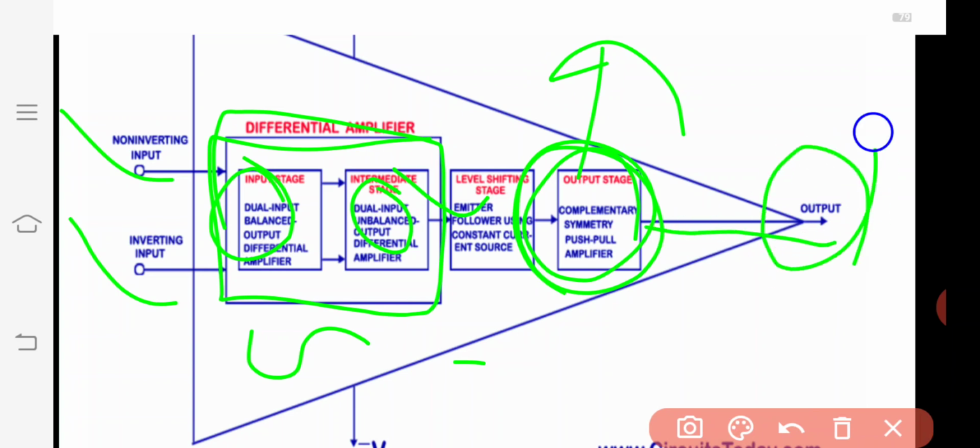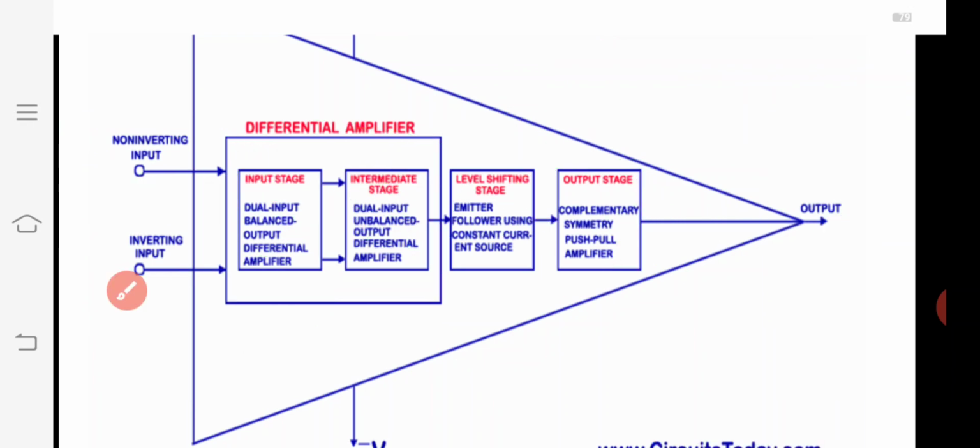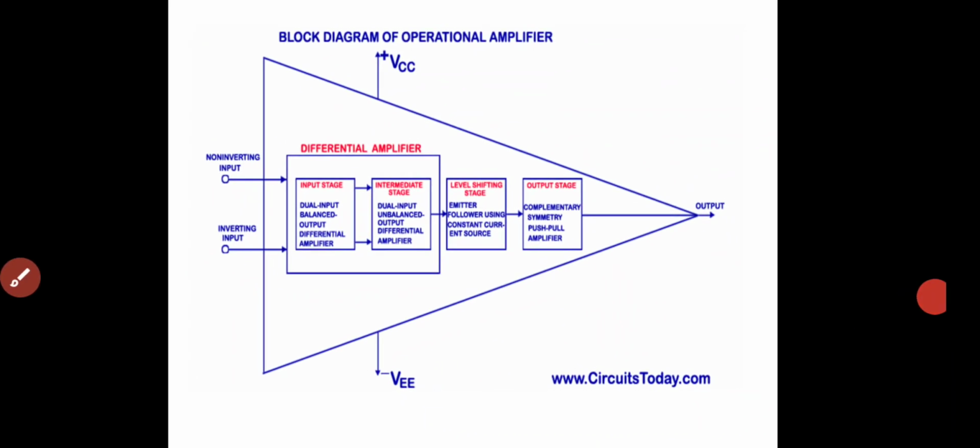The signals pass through the four stages and are collected at the output. This is the block diagram of the operational amplifier.